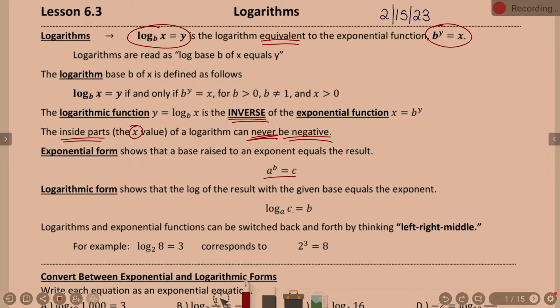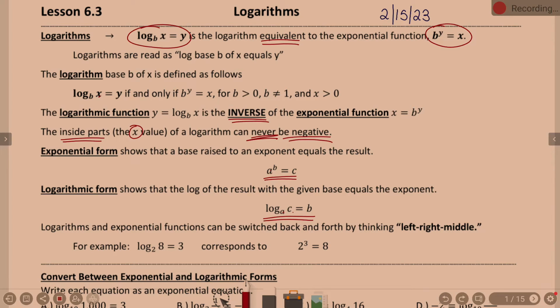Look at the locations. The exponential has a base of a, and the log has a base of a. This is a raised to this exponent equals a result c. This is the log with base a of the result equal to the exponent. The base of my exponent is the base of my log. My b and c kind of flip-flop there. Or if you look up here, it's the x and y values.